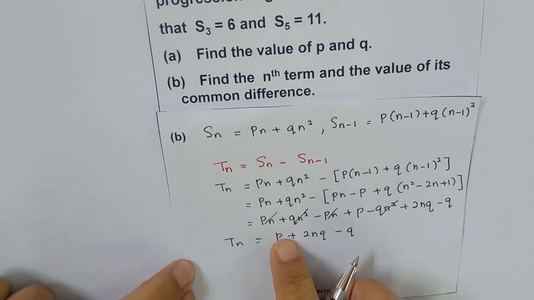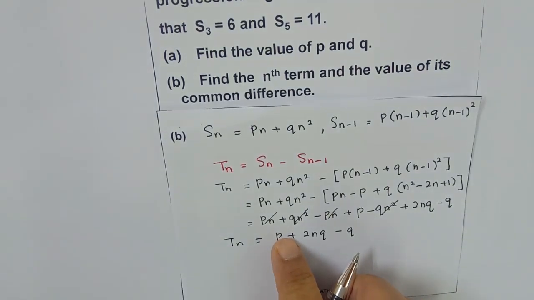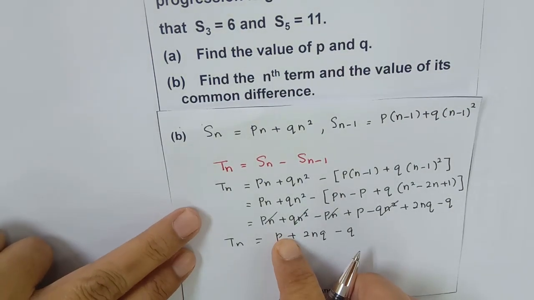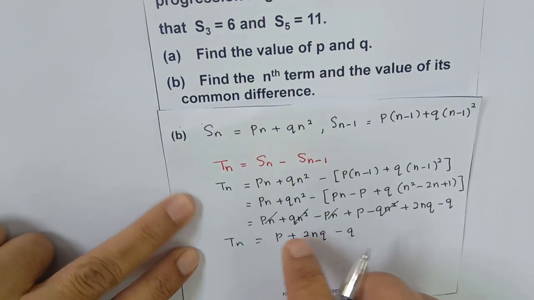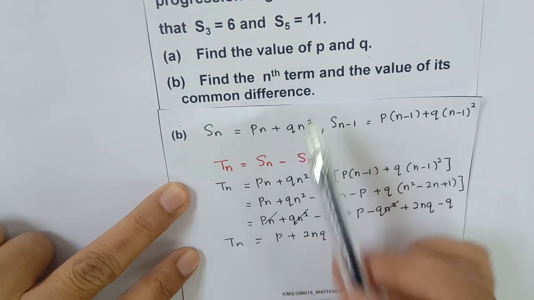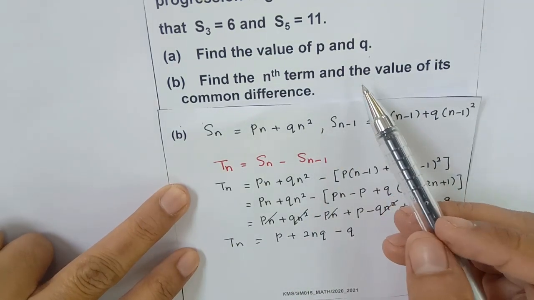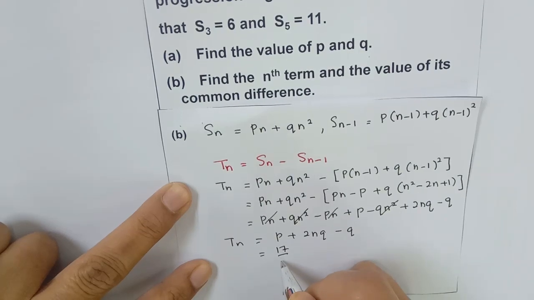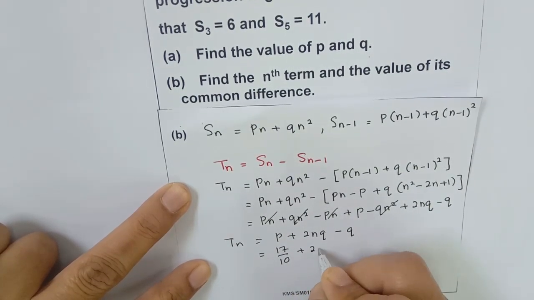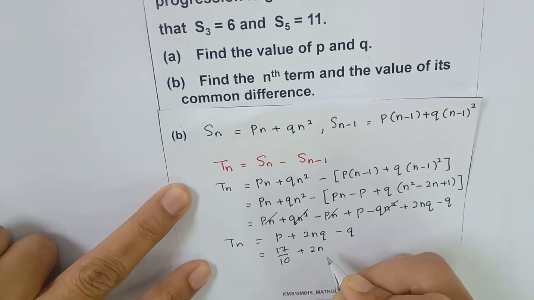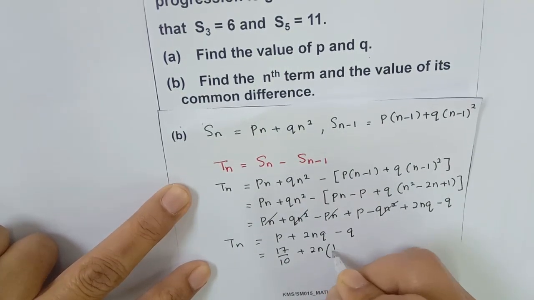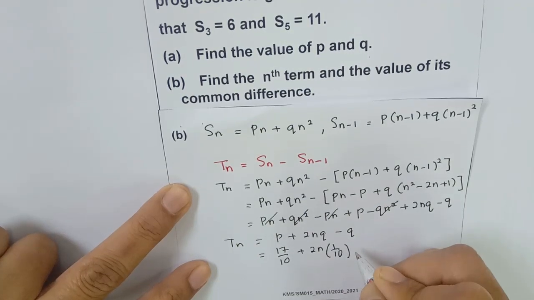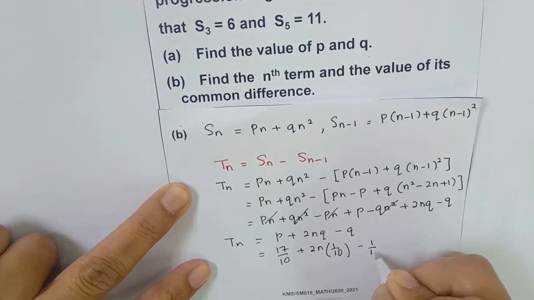Then substitute P and Q obtained from part A. Substitute P and Q from part A. So from part A we get P is 17 over 10 plus 2n, and Q is 1 over 10, minus 1 over 10.